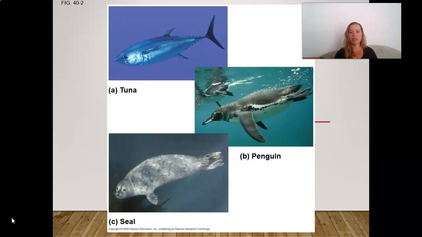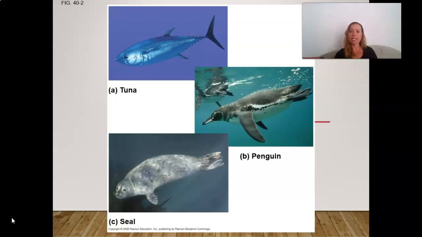If you look at this tuna, penguin, and seal, you can see that they have some similar characteristics, right? They share some characteristics, which might mean that over time, they may have gone back into their fetal development and may be expressing more immature traits, or there's different genes that were developed over time to give them the same phenotype.